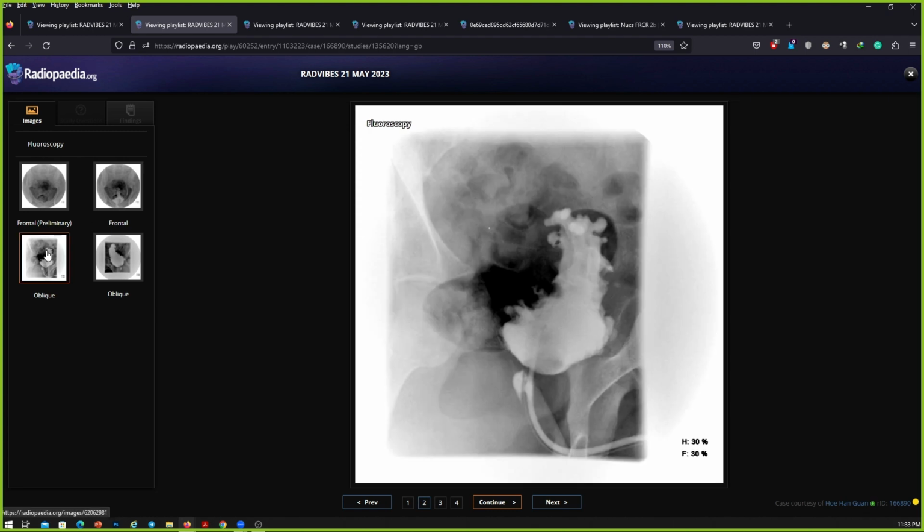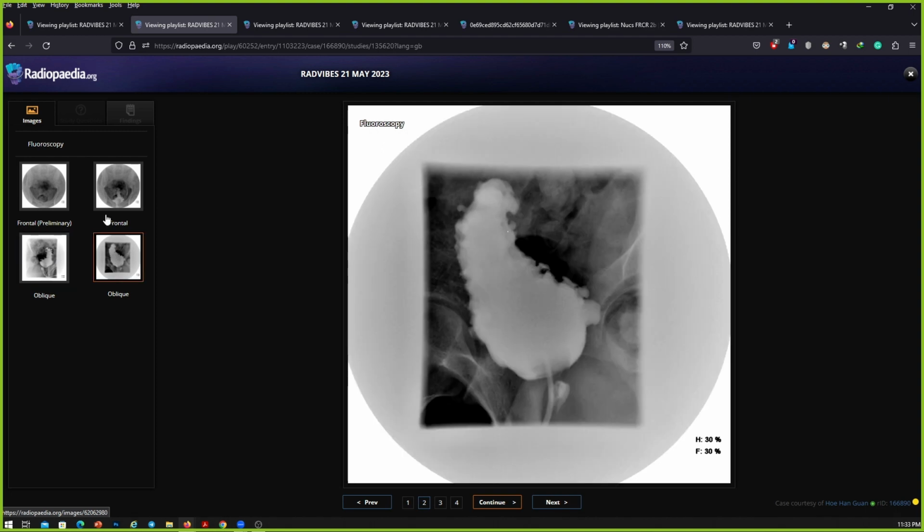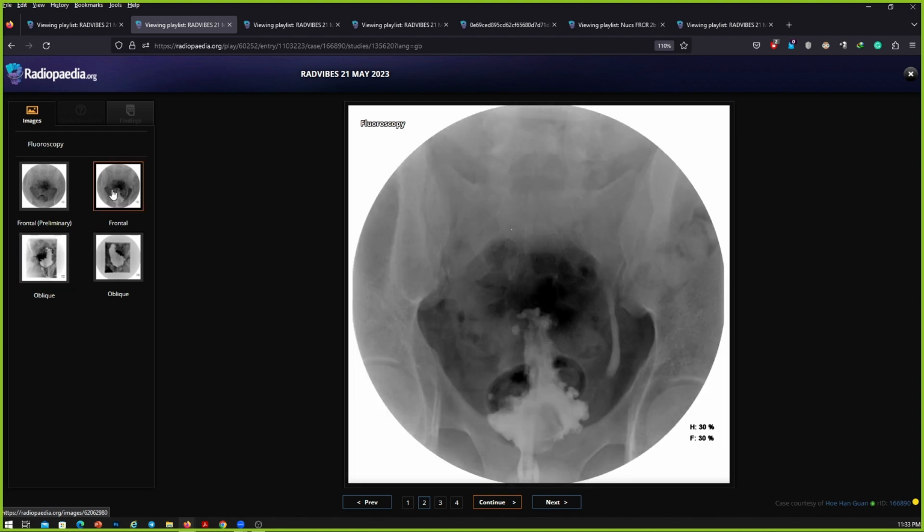I'm presented with the oblique view, which shows there is also a urinary bladder catheter in situ. In summary, given the appearance of multiple diverticula and trabeculation with the abnormal shape of the urinary bladder and the reflux into the left ureter, my most likely diagnosis is neurogenic bladder.